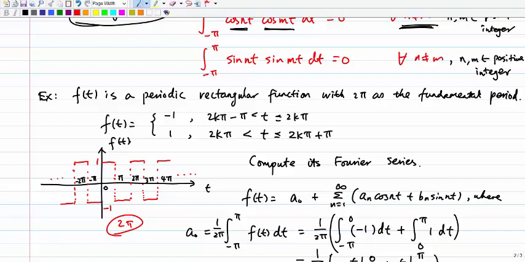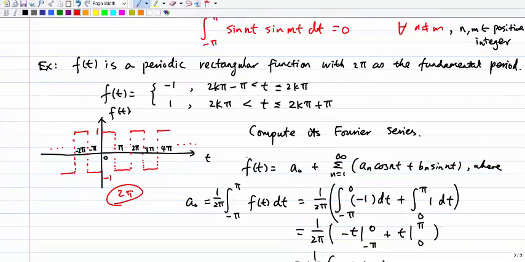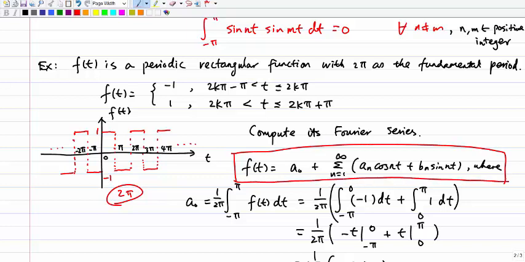We already know the fundamental period is 2 pi, so its Fourier series is given by this. This is the form of my Fourier series. So we just have to figure out what my a0, an, and bn are.